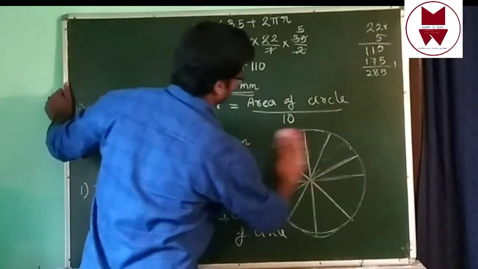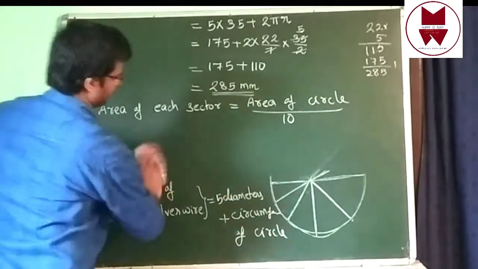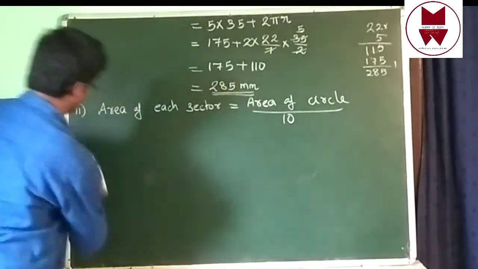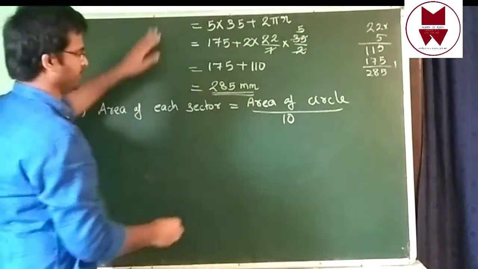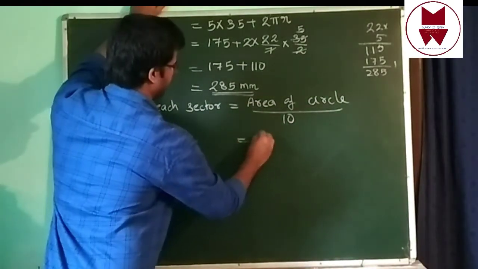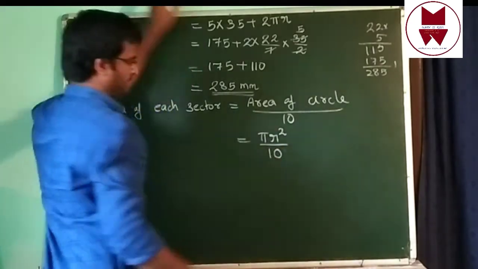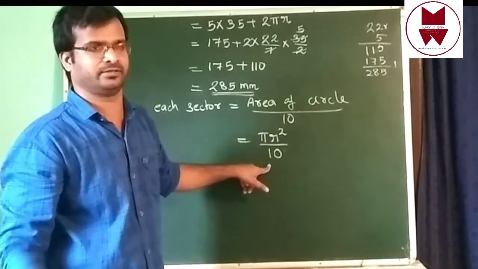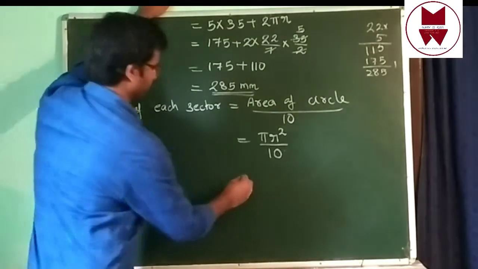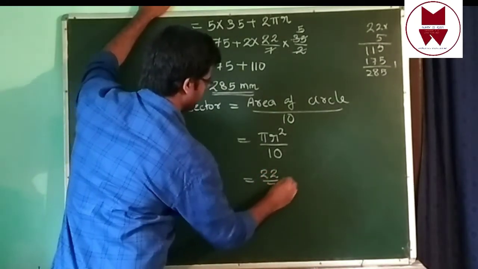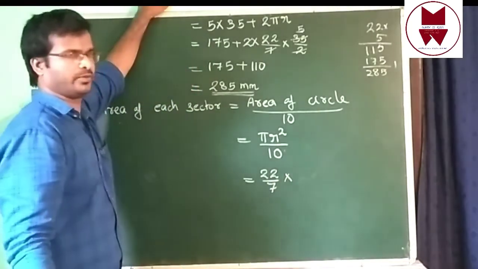Then area of circle, which is the formula? That is pi r square. Area of circle is pi r square divided by 10. 10 means number of sectors in that figure. Okay. Then pi r square, you can write 22/7 into r square.